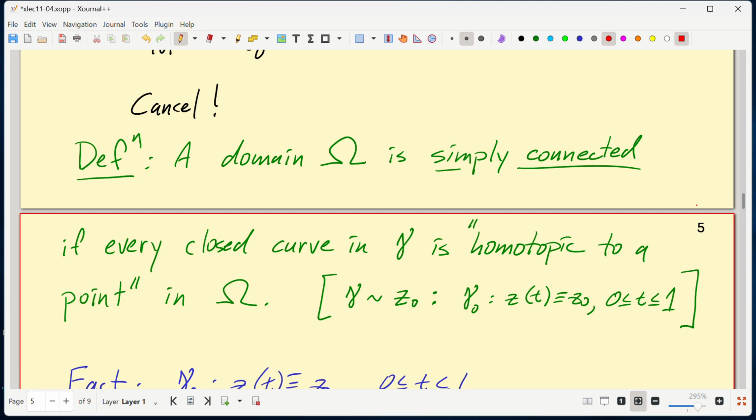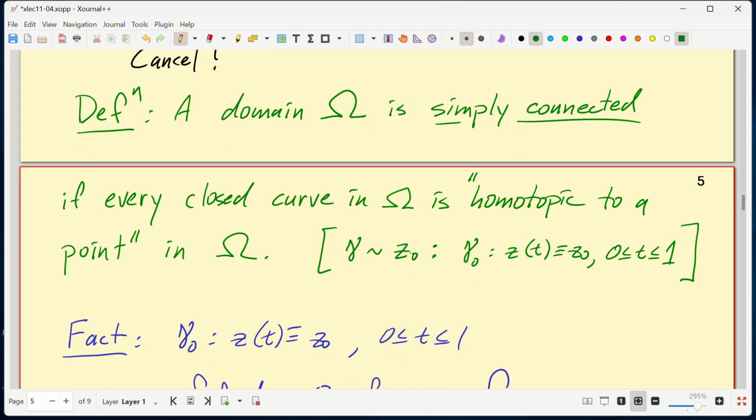Every closed curve in the domain can be shrunk down to a point, so it doesn't get stuck on a hole. That's the mathematical feeling. Okay, so a domain is called simply connected if every closed curve in omega is homotopic to a point, meaning you can rubber band it right down to a point.